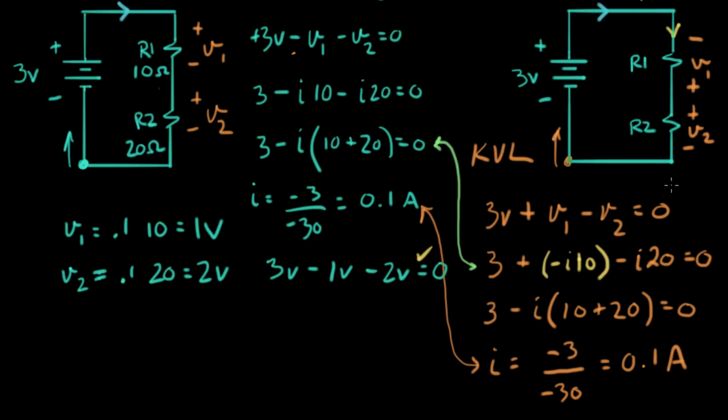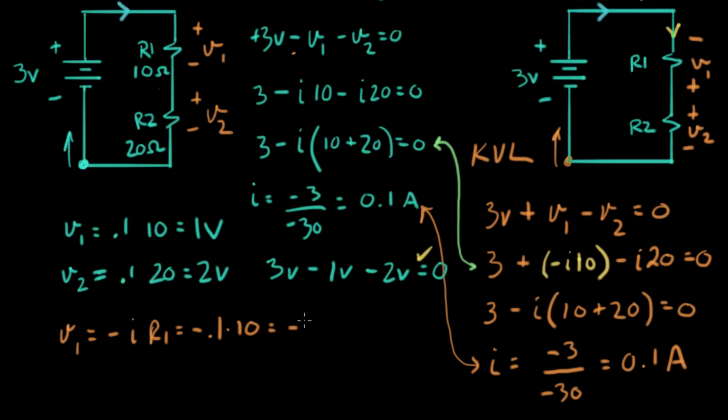So now let's go check the voltages, see if we can compute the same voltages. And what we have to notice here is that the original reference direction we have for V generated a minus sign when we used Ohm's law. So we keep doing that. It's okay. So V1 equals minus I R1 equals minus 0.1 amps times 10.